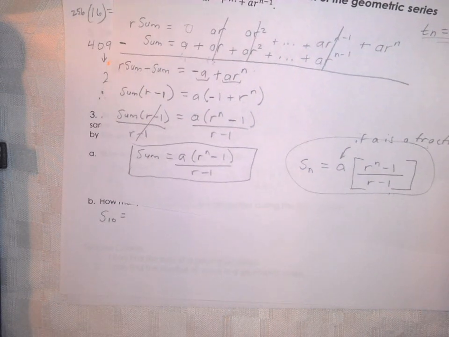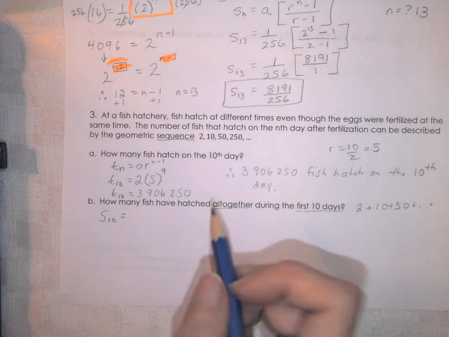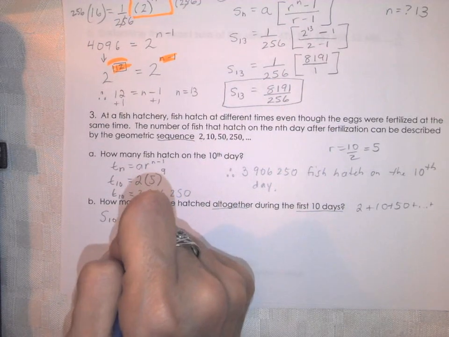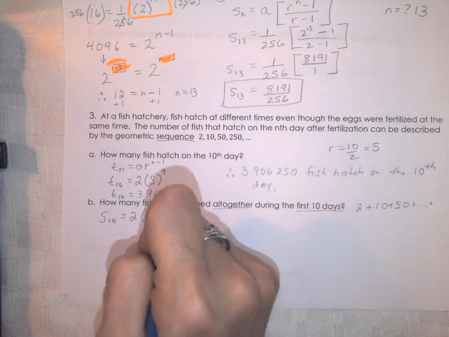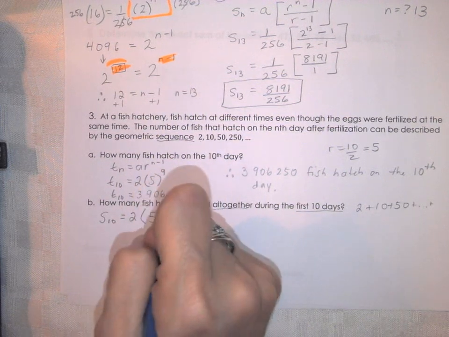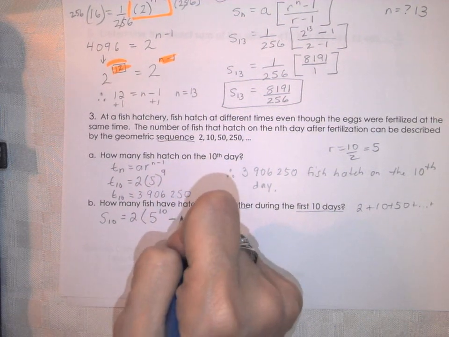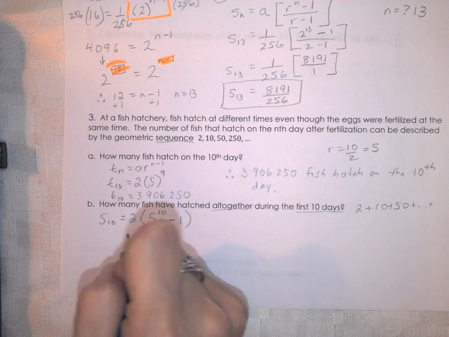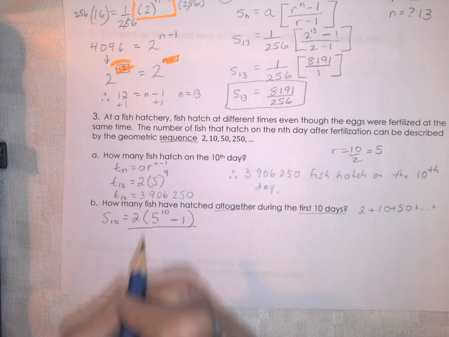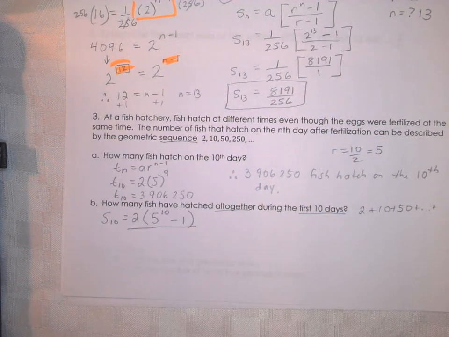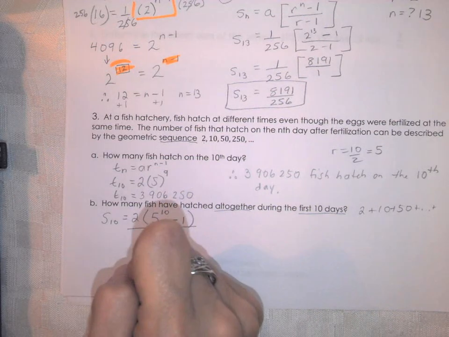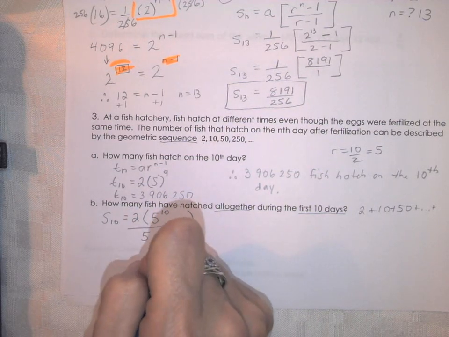So we can just use this formatting here. So A is 2. So 2 times r is 5 to the power of 10, subtract 1. And remember, this subtract 1 is not in the exponent like it is up here in our sequence formula, over r minus 1, so 5 minus 1.